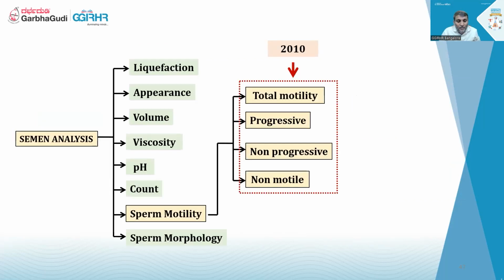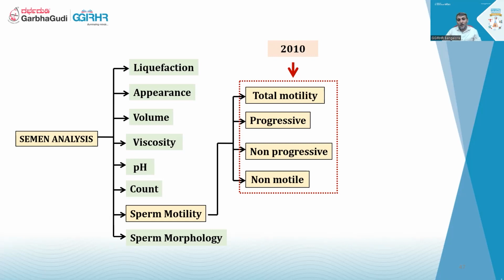Now coming on to motility. Under these headings we assess motility: total motility, progressive motility, non-progressive motility, and non-motile sperm. Progressive motility means very healthy sperm, which moves in a straight line, a linear motion.